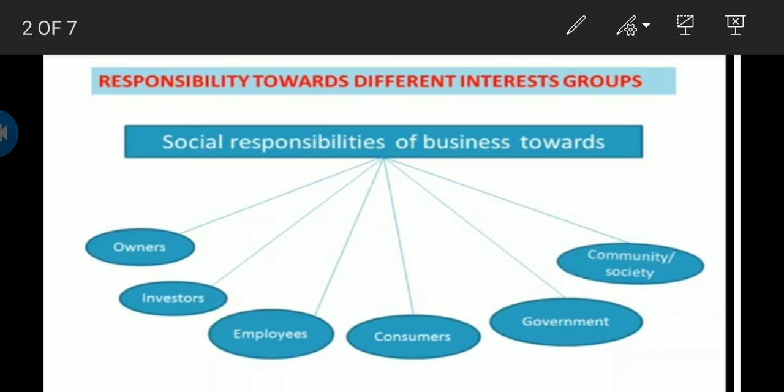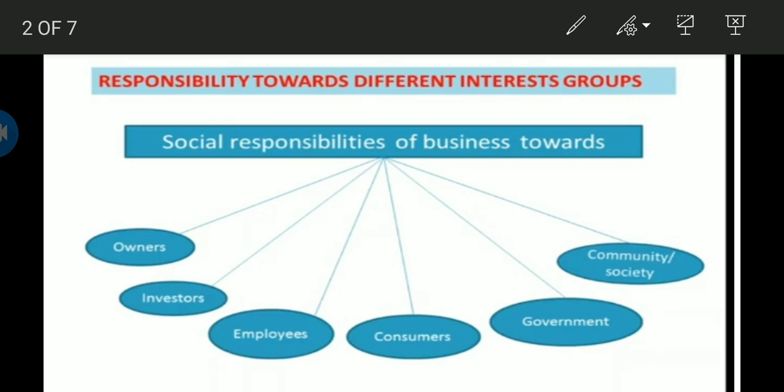The social responsibilities of business towards the owners are different, towards investors are different, then the employees, consumers, government, and community.